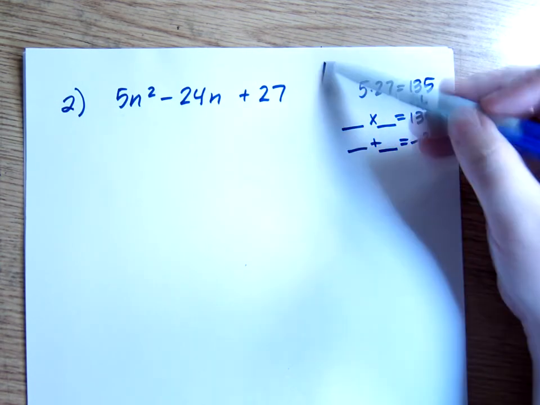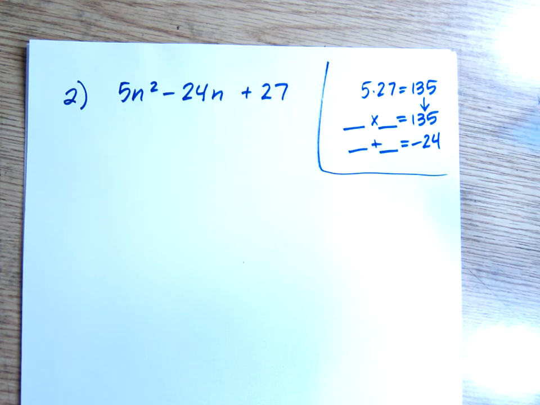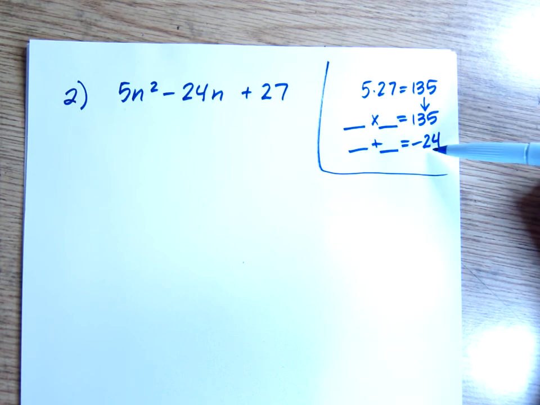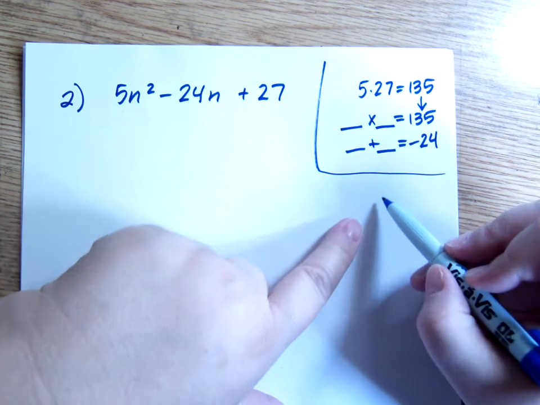Okay? So I've got to experiment with this a little bit. I know that 5 and 27 makes 135, but there's no way for me to add 5 and 27 to make 24. So that's not going to be it. Let's see, what else goes into 135? 9 does.